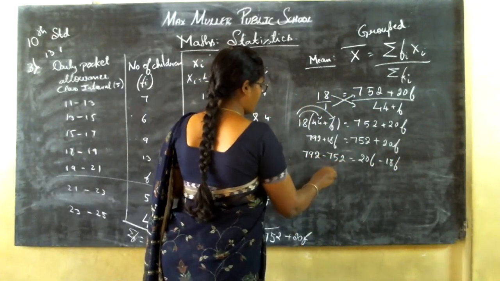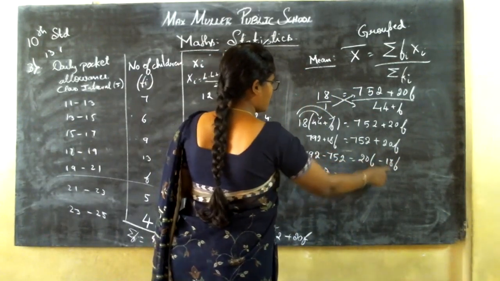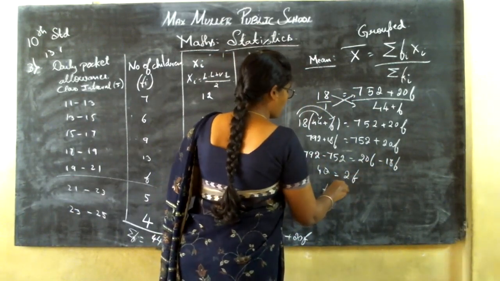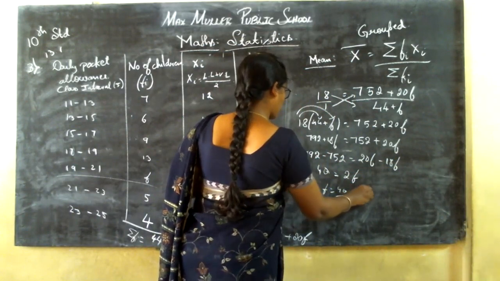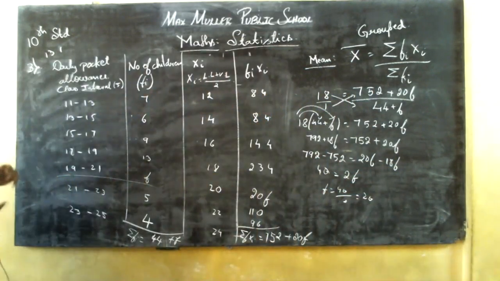In 9, 5 goes 4 times, and 7 minus 7 is also 0. 20 minus 18 is 2f. So what is the value of f you get? 40 divided by 2. So the value of f you get is 20. Is it clear? Now you got to know how to find the missing frequency.